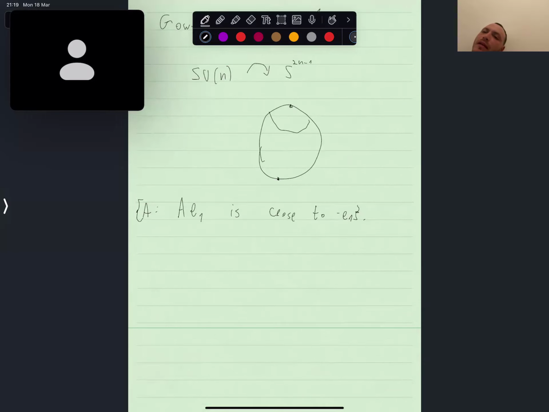So if A and B are in this set, then this would imply that BA of e1 must be close to e1 and therefore not close to minus e1.